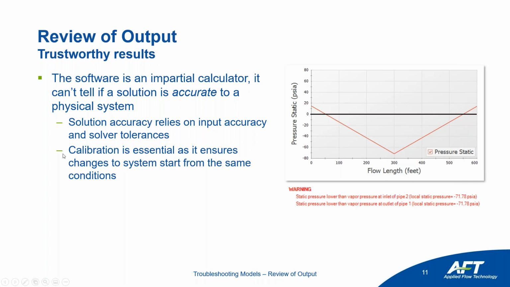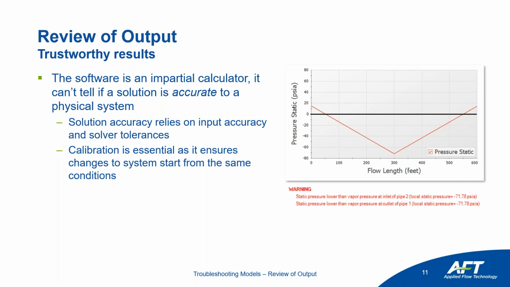Also from a modeling perspective, especially when you have an existing system that you're trying to replicate in a model to make representations or make recommendations for and changes, you want to make sure that you're accurately calibrating that system first, making sure that you're not using things like flow control valves to fix flow rates.